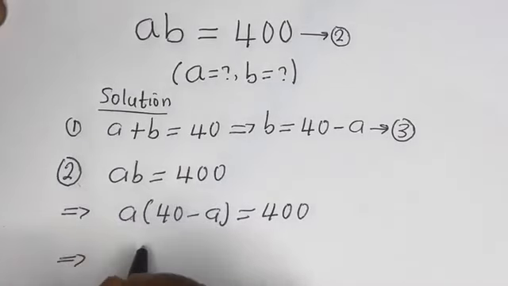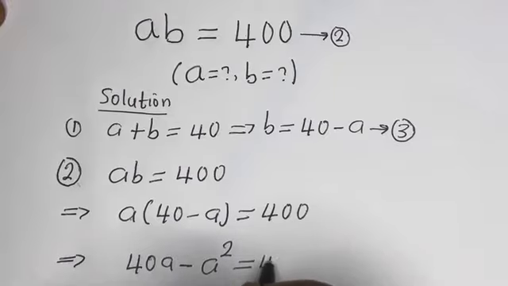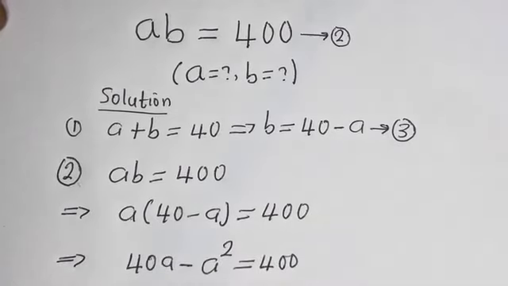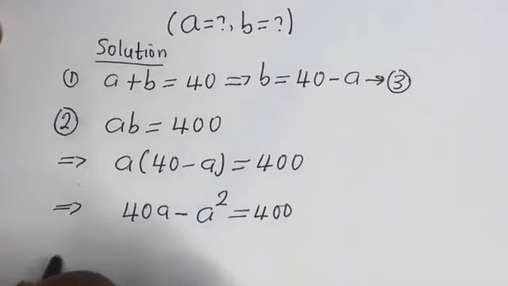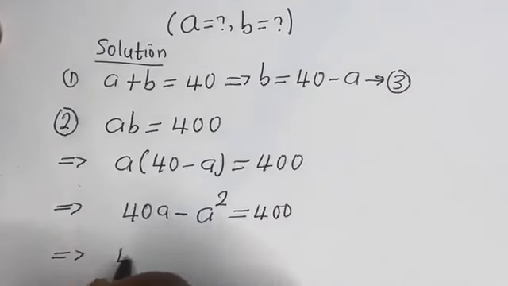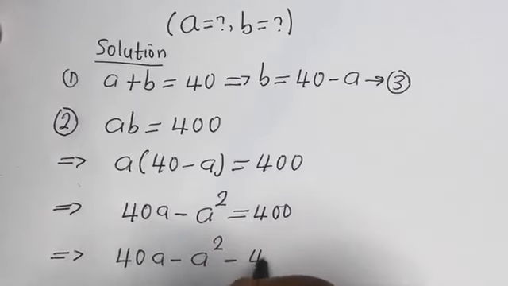Then A multiplied by 40 is 40A, minus A multiplied by A is A square, is equal to 400. Let us bring this 400 to this side, and this is 40A minus A square minus 400 is equal to 0.